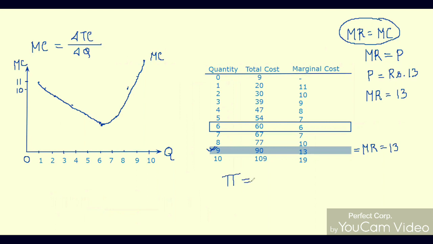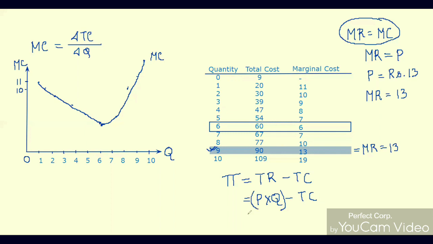How we can calculate the profit? Profit is nothing but the difference between total revenue minus total cost. And the total revenue we can get by multiplying the price with the quantity, and the total cost we will deduct it.